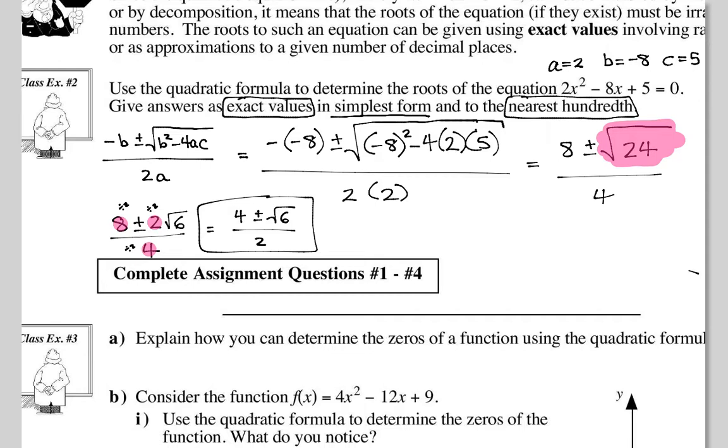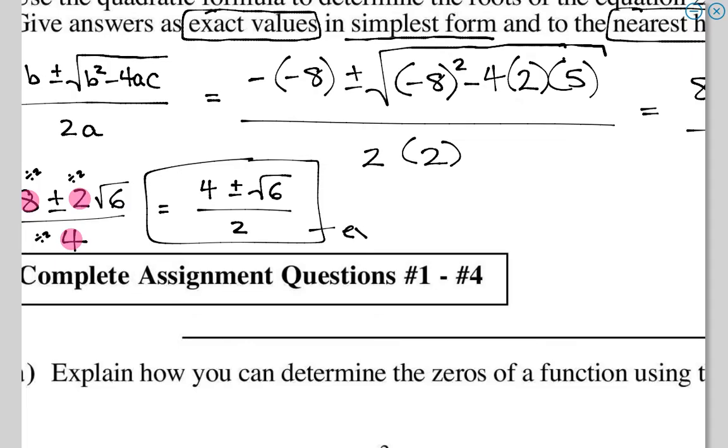You'll have to do the quadratic formula. You'll be expected to plug it in. You'll get a radical you have to simplify. That radical needs to get put in lowest terms. This is the exact value. So this thing here is exact.